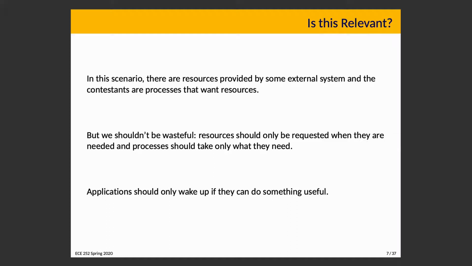So, we want to use resources efficiently, and it means that processes should only take what they need. They should only take a resource when they can do something useful with it. For our pizza makers, if you have an unlimited supply of dough, you shouldn't take dough because you already have more than you could ever need, and other contestants could be using it.